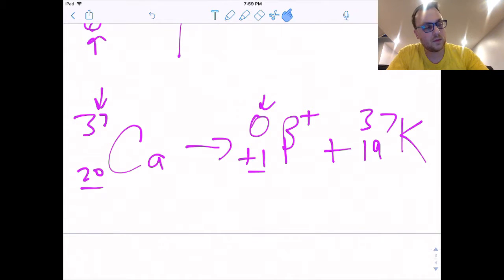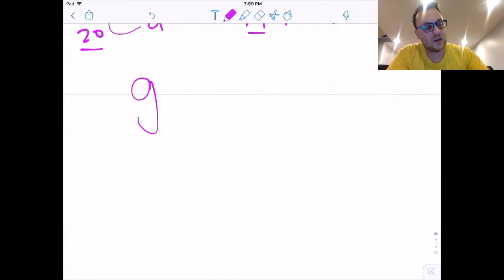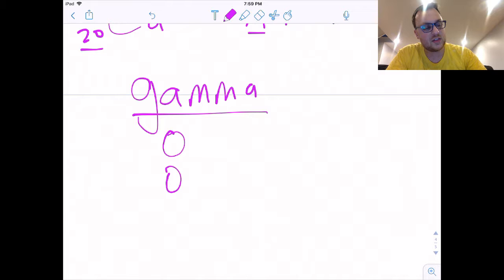Gamma is also natural radiation, but since gamma has no mass and no charge, we don't really see too many reactions in terms of balancing gamma, because it would just stay the same. However, gamma is the most dangerous.